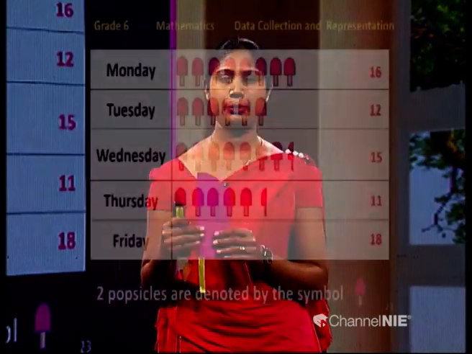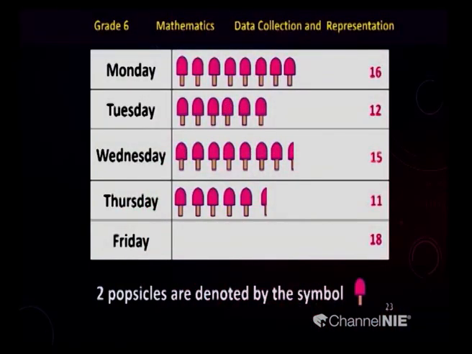Using 5 symbols you can represent 10 popsicles, but we have to represent 11 popsicles. 5 means 10 popsicles and this half represents another 1 popsicle, that means 11 popsicles. So, it is very easy.